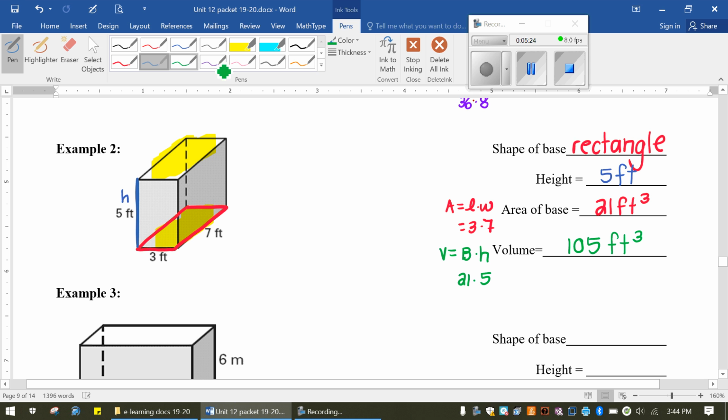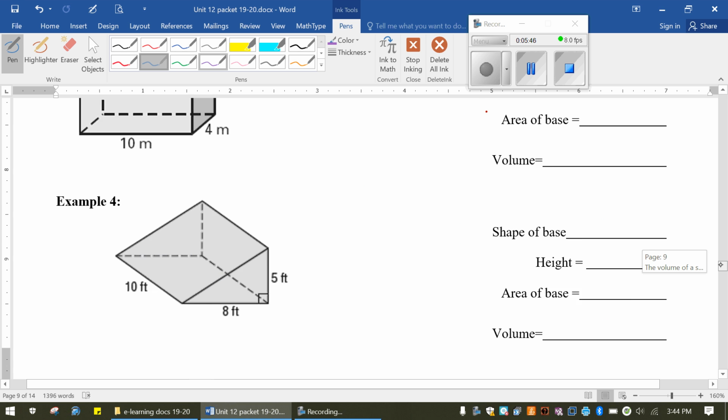If you wanted to use what we had written above, the volume is length times width times height. Again, you've got 3 times 7 times the height of 5, and you'll get that same answer of 105 feet cubed.